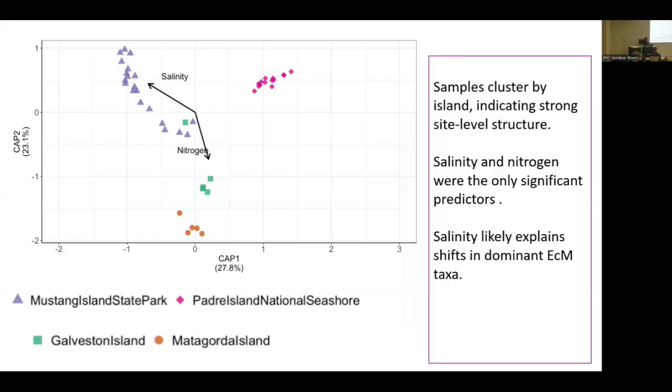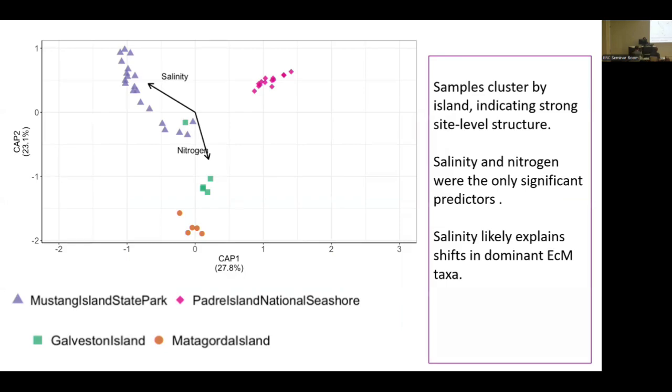I also created a Bray-Curtis similarity matrix. So I wanted to quantify, based on the ASVs, the amplicon sequence variants, how similar each pair of samples are, how different the ECM communities of one soil sample are from another. And then I tested whether salinity, nitrogen, or carbon were significant predictors.